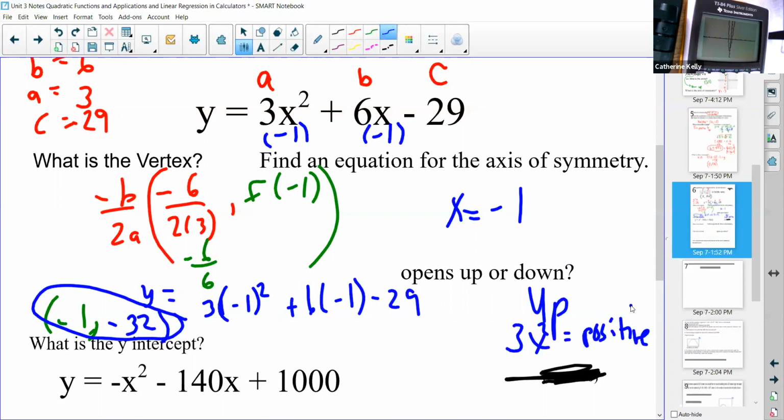I'm going to double check to make sure that that's where my line crosses down there. So I'm going to find the minimum. Go to second trace, minimum. I'm going to start on the left side of that loop. This is my minimum.